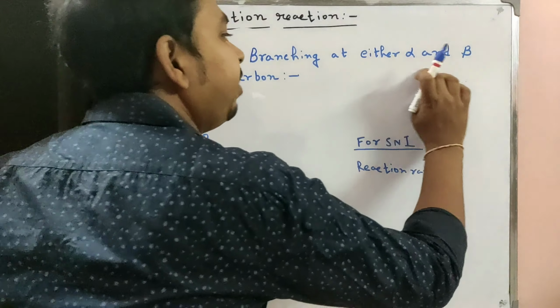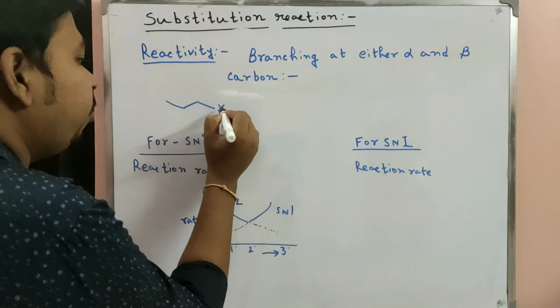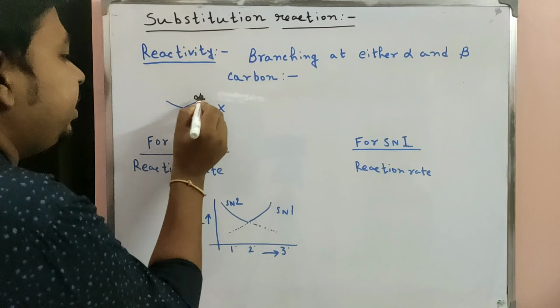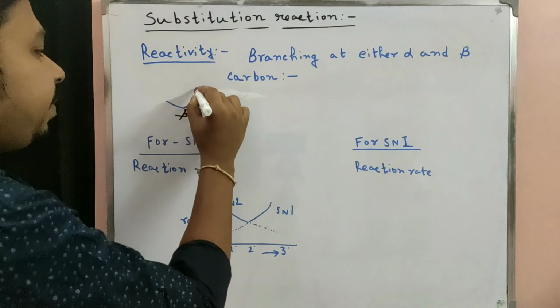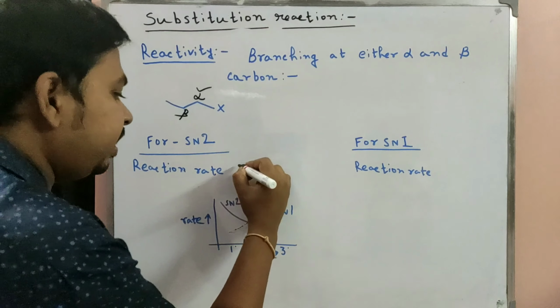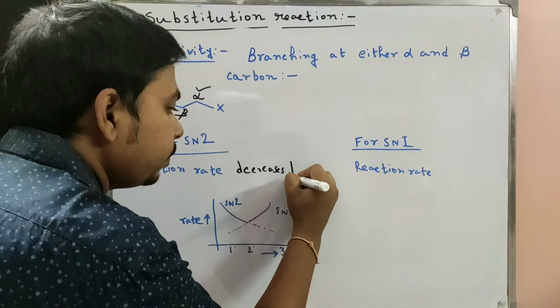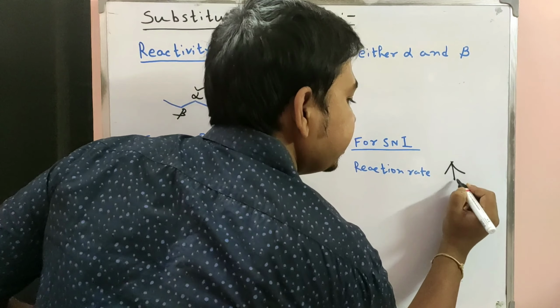Branching at either the alpha or beta carbon atom. So here, when X is attached to this group, this one is alpha and this one is beta. So when alpha branching increases, the SN2 reaction rate decreases, and in the case of SN1, the reaction rate increases.